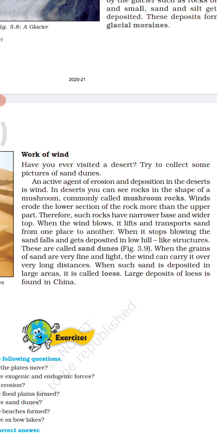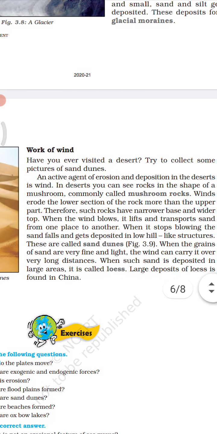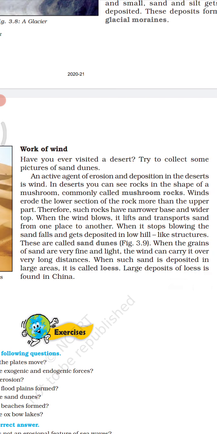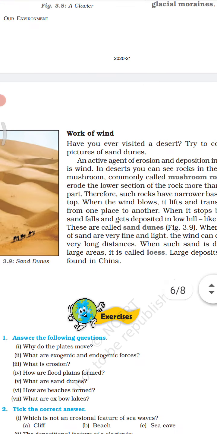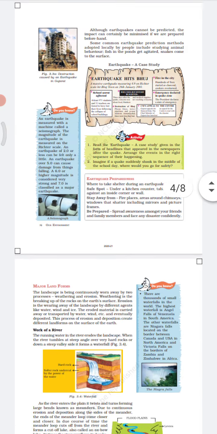In the desert, you can see rocks in the shape of a mushroom, commonly called mushroom rocks. Winds erode the lower section of the rock more than the upper part. Therefore, such rocks have a narrower base and wider top. No picture is given here, but it is a mushroom-like structure.